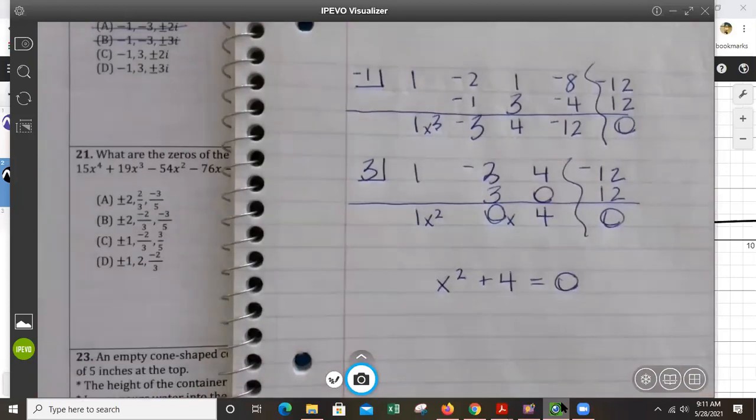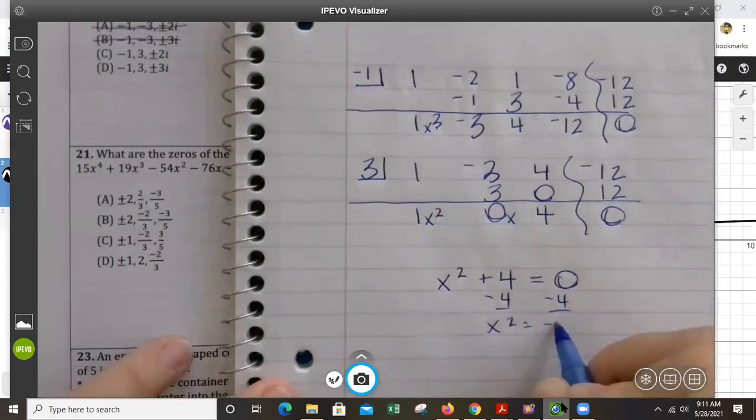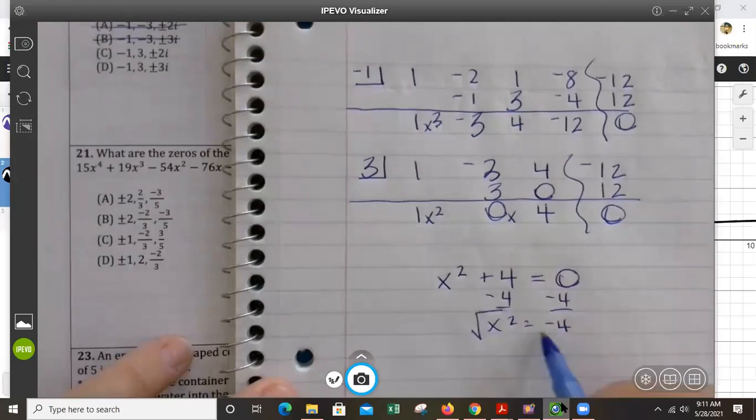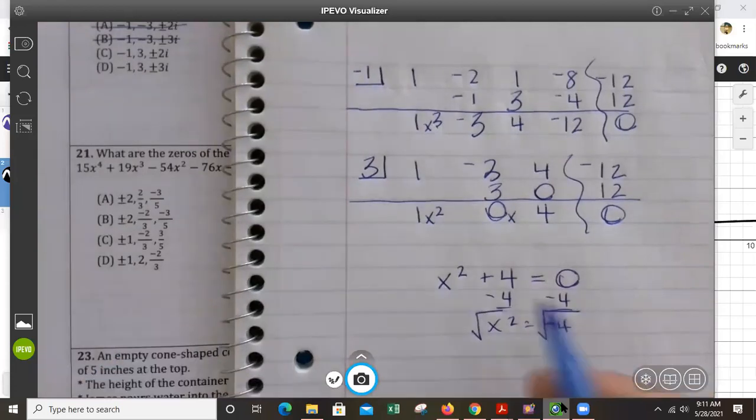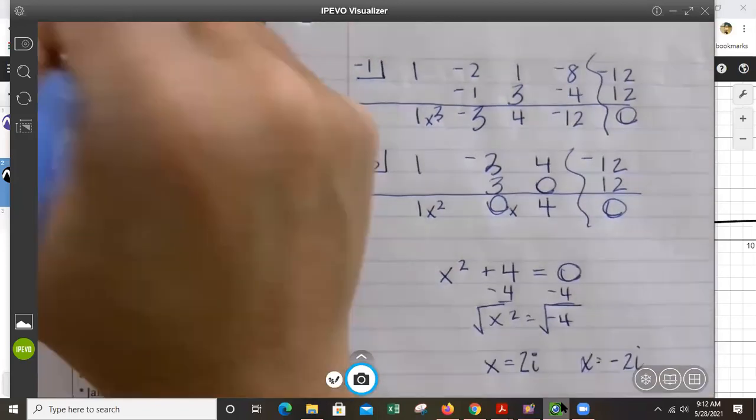How can I solve for x? Subtract 4. I get x squared equals negative 4. We take the square root. The negative is what causes the i. What's the square root of 4? 2. How many answers does the square root have? 2. A positive and a negative. So your answer has to be C.